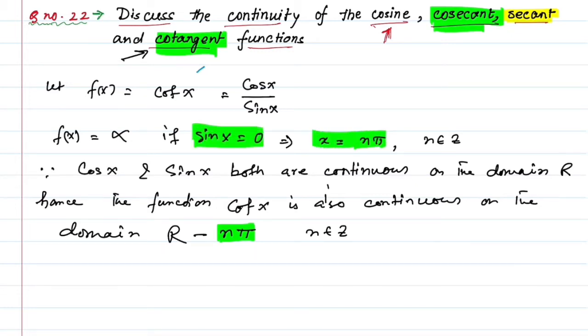If sin x is equal to 0, f of x will not be defined. That is why excluding this point n pi, at all other points this function is continuous.